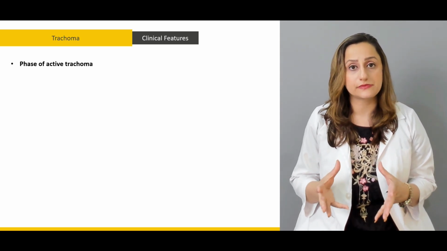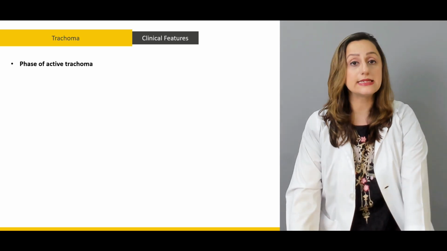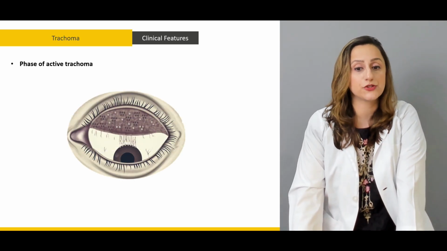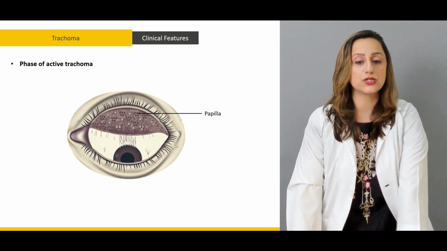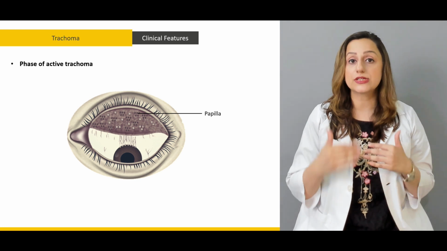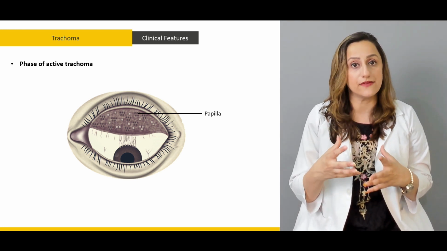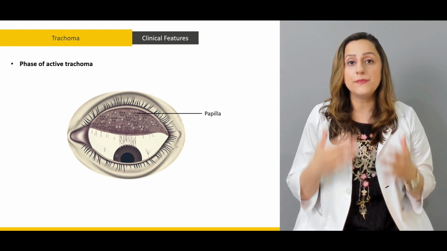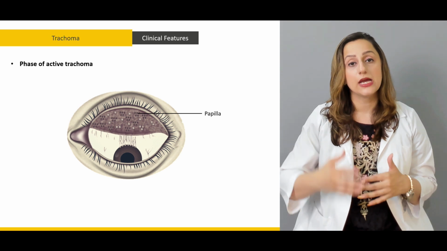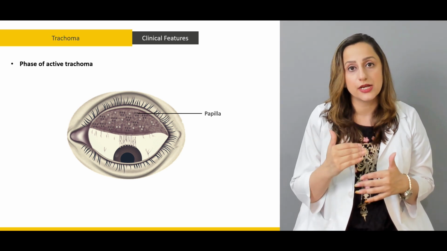It would include the fornices, and there would be this typical picture of active trachoma here. Now, as you all know, the conjunctiva has two parts. It has the bulbar part, which covers the eyeball, and then we have the palpebral part, which forms the innermost layer of the eyelids.